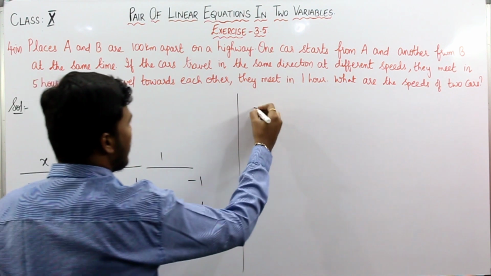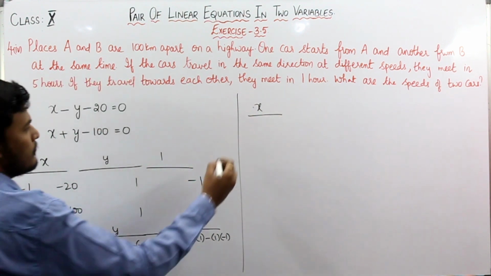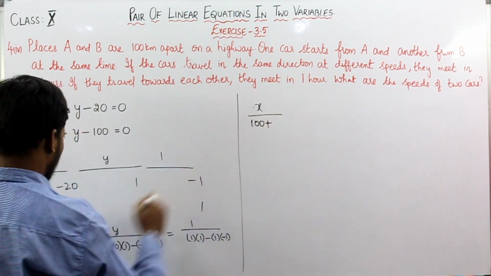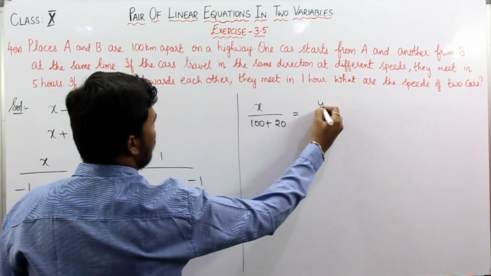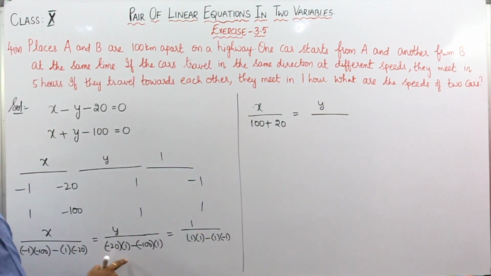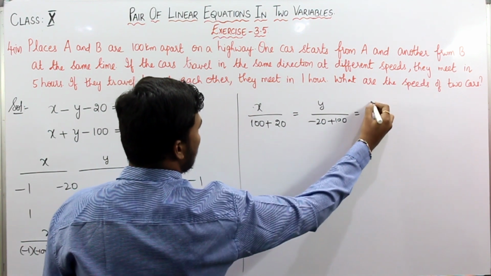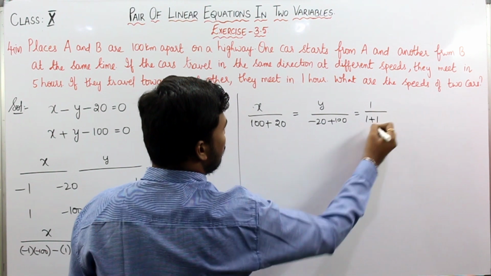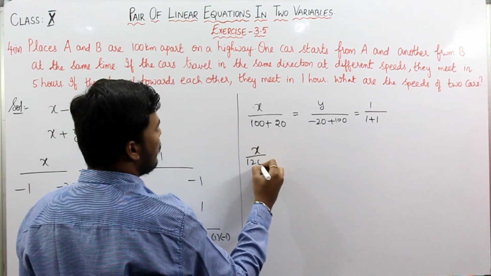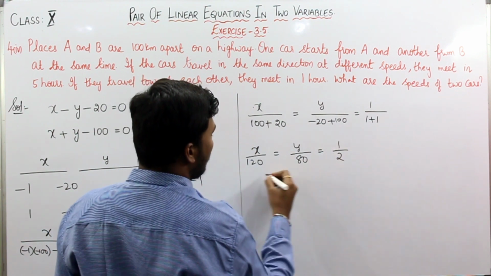So from this we will get x by, minus into minus will become plus 100, minus into minus will become plus 20, is equal to y by minus 20 plus 100 is equal to 1 by 1 minus 1 plus 1. Okay, that is x by 120 is equal to y by 80 is equal to 1 by 2.